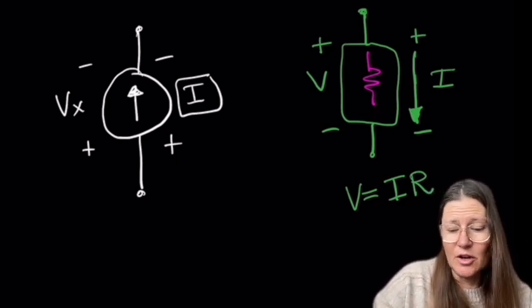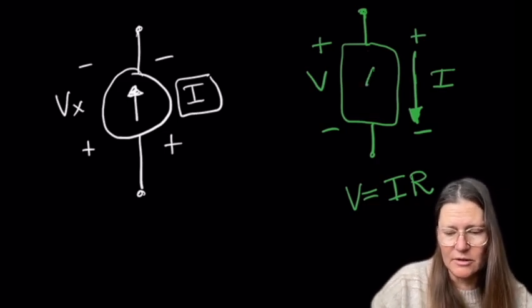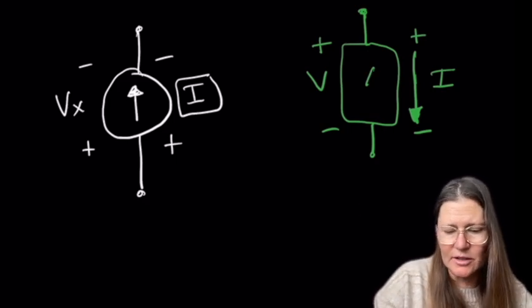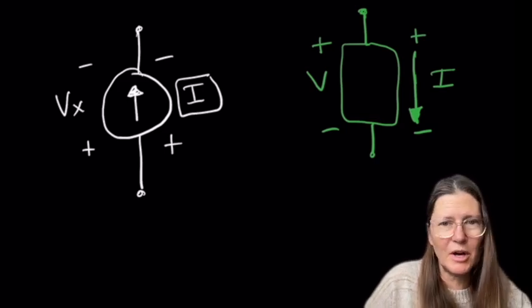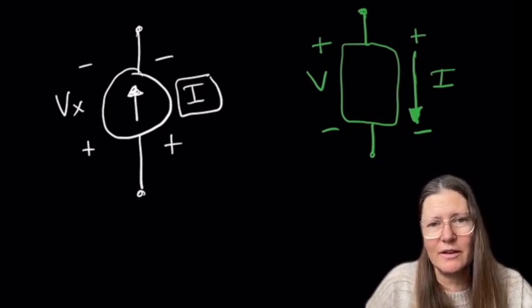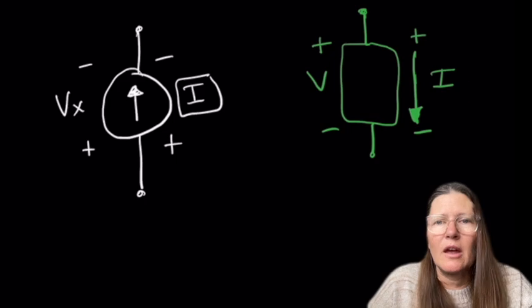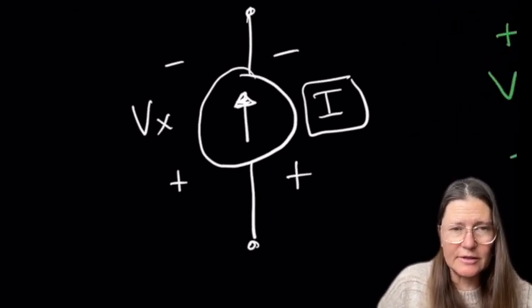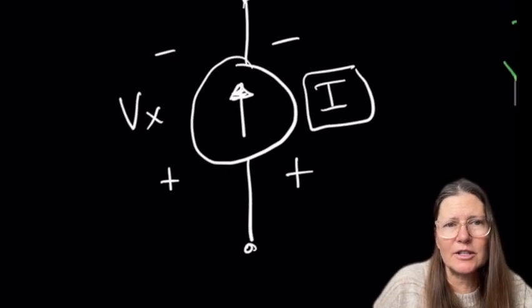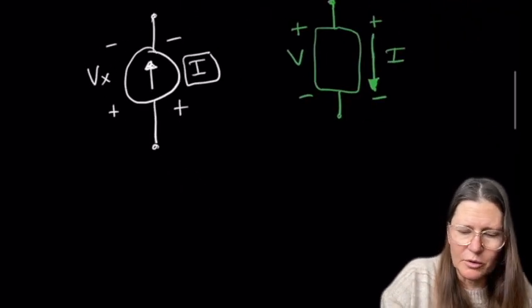If it's not a resistor in there and it is some other element, then you are still always going to have that voltage and current. So that is a concept that you need to memorize, that every element will always have a voltage and a current that goes through it. So back to the current source, you have a fixed current, then you're going to have a variable voltage.